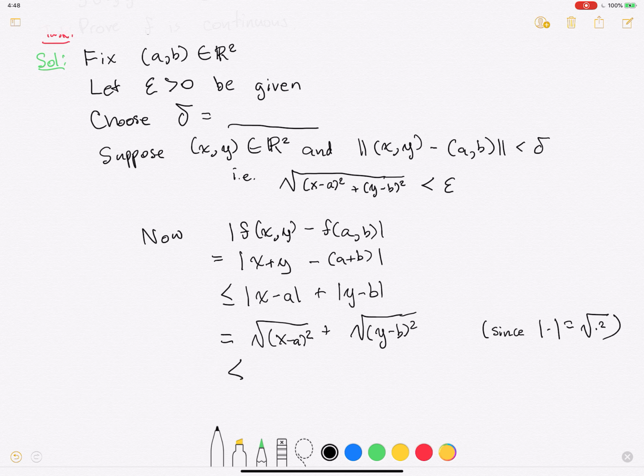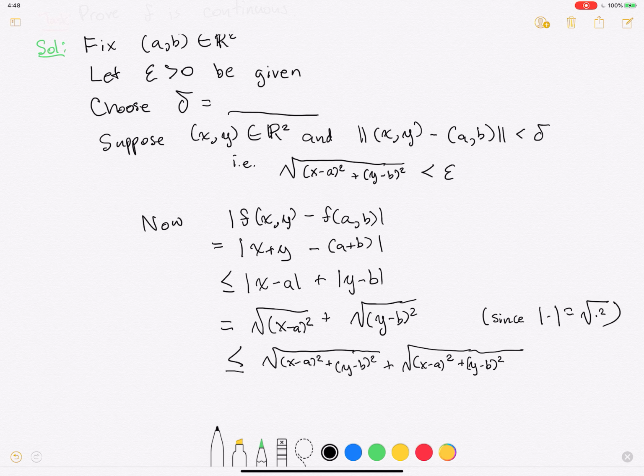And that is less than or equal to twice the square root of (x minus a) squared plus (y minus b) squared, because if you put more things under the square root and they are non-negative, as squares are, they have to be larger, or at least what they were, not necessarily larger, it could be equal. And that is just less than 2 delta.